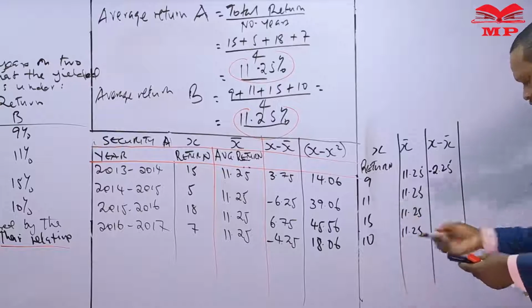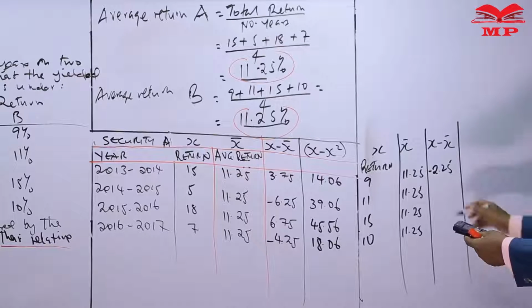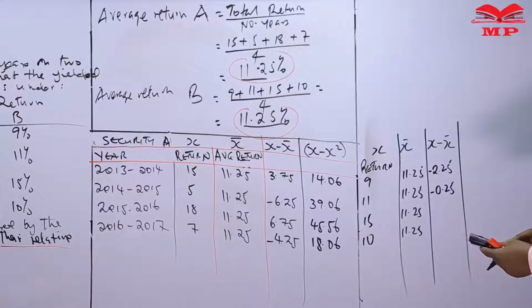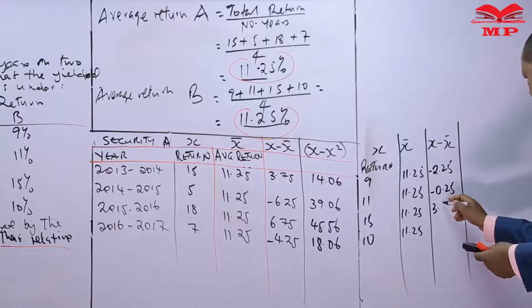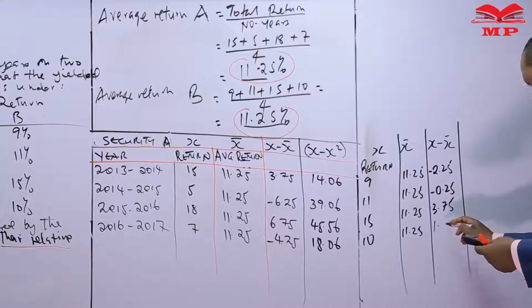Then next, 11 minus 11.25, this is equal to negative 0.25. Next we have 15 minus 11.25 is equal to 3.75. Then 10 minus 11.25, negative 1.25.